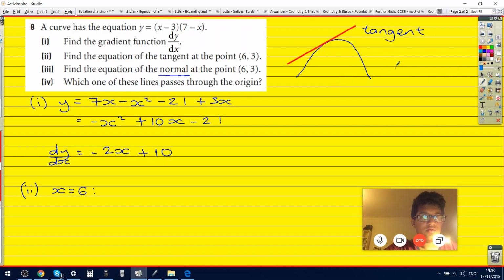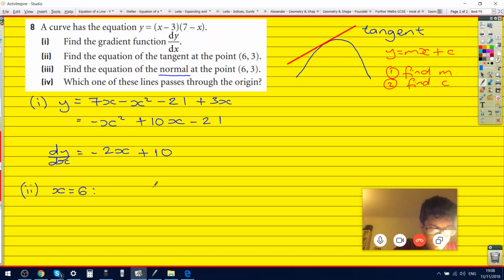Yeah, so in general it'll be y equals mx plus c. Right, yeah, sorry, now I remember. So the y coordinate we're given is 6 and the x is 3. So 6 equals 3 times m plus c.